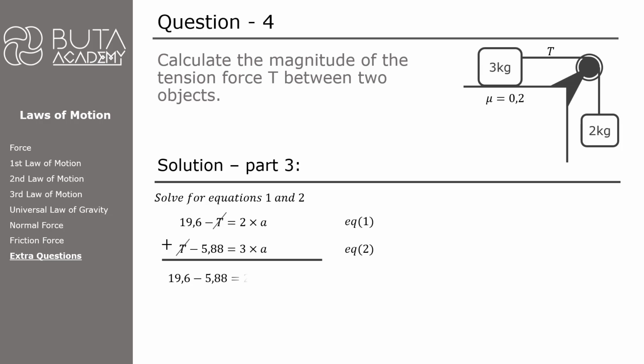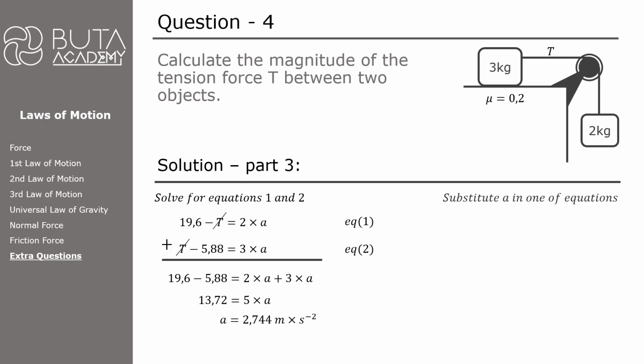Therefore, 19.6 minus 5.88 is equal to 2 times a plus 3 times a. 13.72 is equal to 5 times acceleration, which can be calculated as 2.744 meters per second squared.